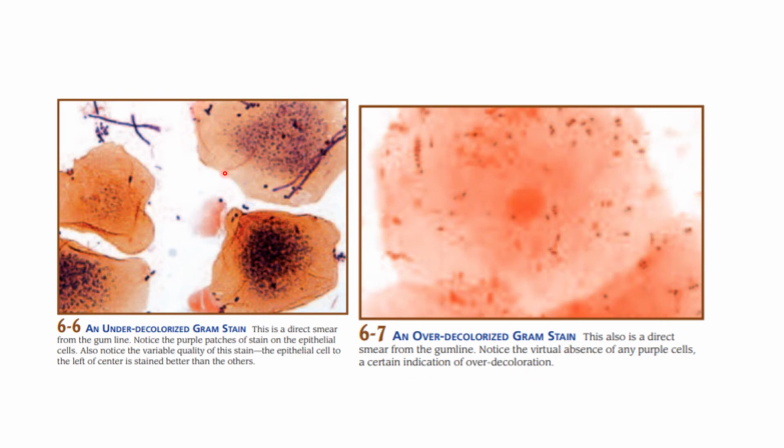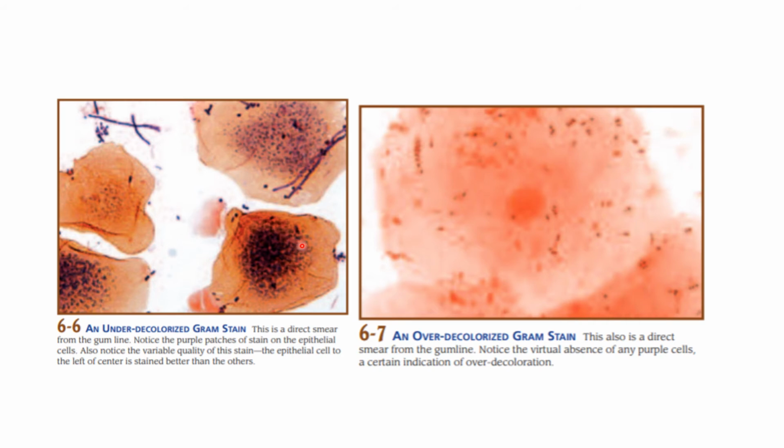For example, we have here epithelial cells together with this rod bacteria. And as you can see, the washing step didn't really remove most of the crystal violet iodine complex after decolorization. That's why it appears patchy.